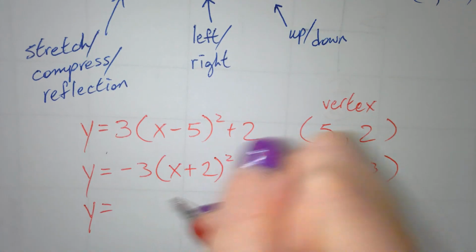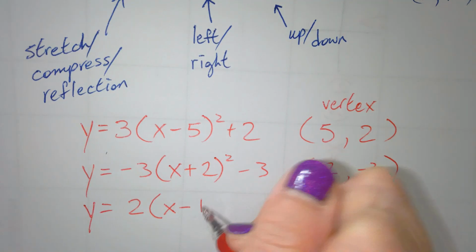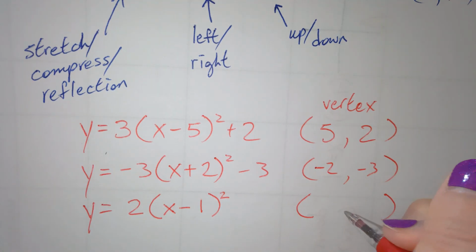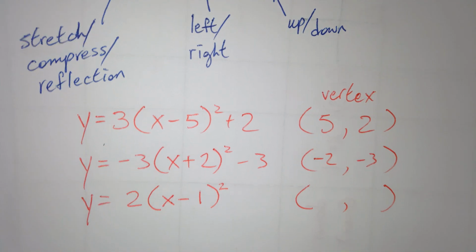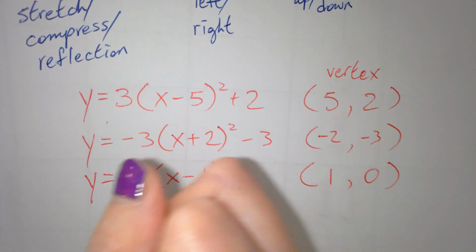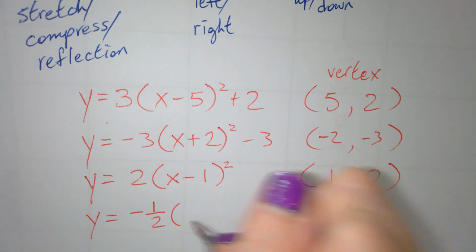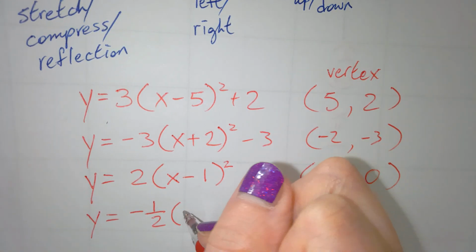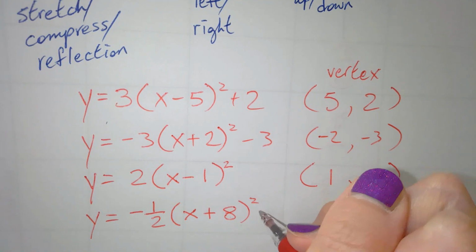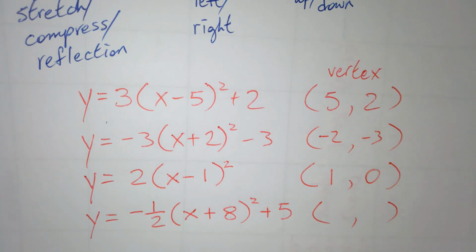What about the next one? It's going down. Up is down, left is right. If it's a plus number, it moves left. Adam: 1, 0. Good. Alexia, what about this one?